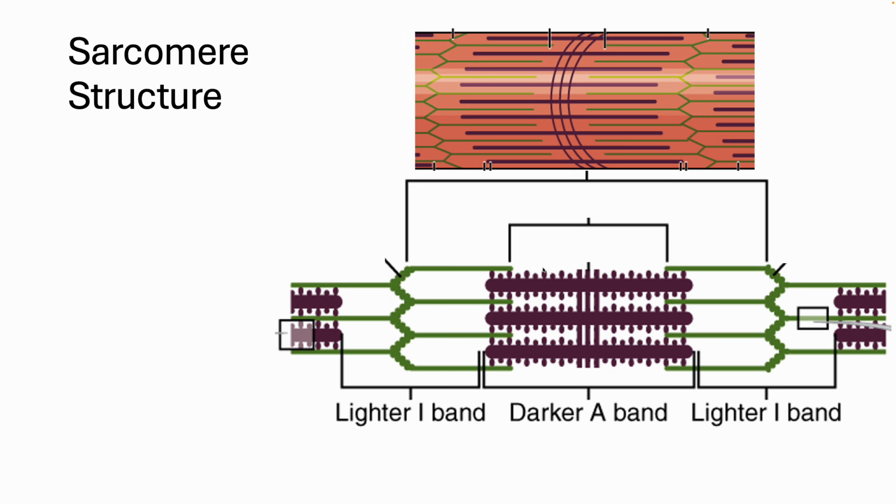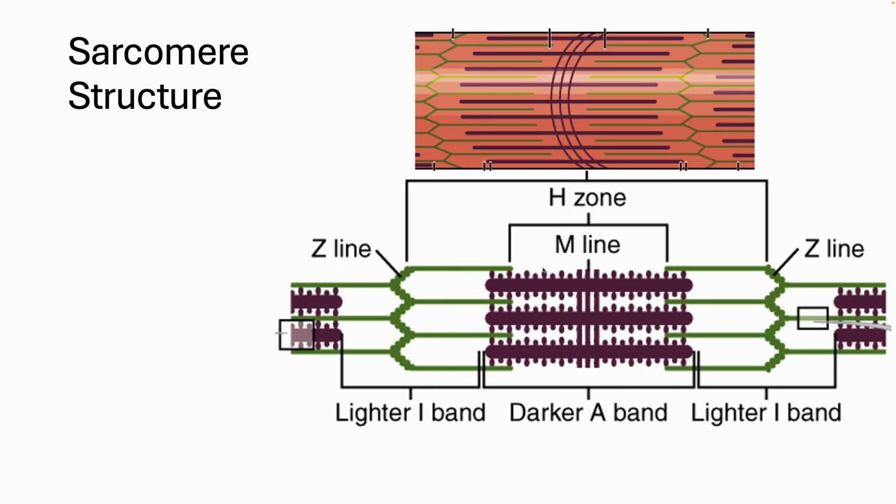Each A band is going to have a midsection that is slightly lighter, that is known as the H zone. The H zone is going to be bisected in the middle by the M line. So the M line is going to bisect the H zone.